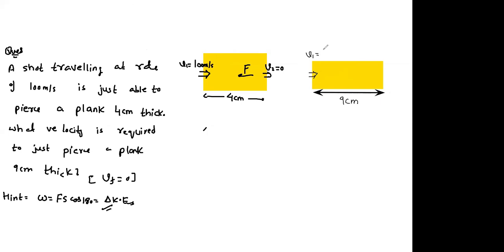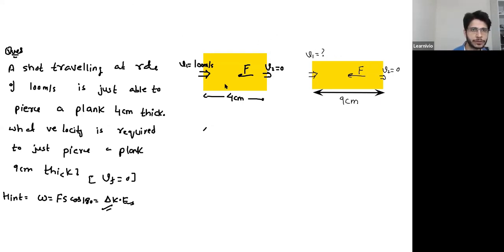So the velocity v1 is the same. When it just comes out of the plank, that v2 is 0, and this is the resistive force. Write this equation for both the cases and divide. Then you can calculate this. This v1 is unknown. Okay, I'm writing this equation for the first plank.